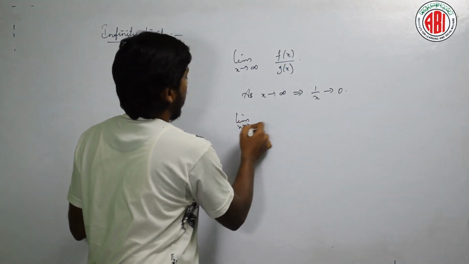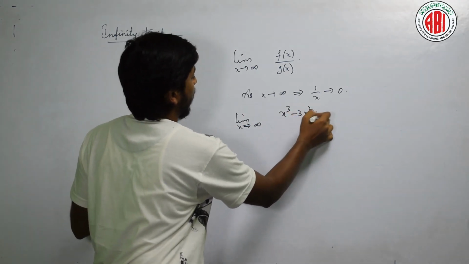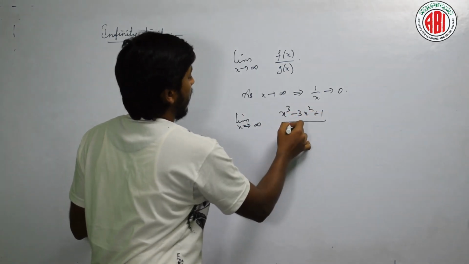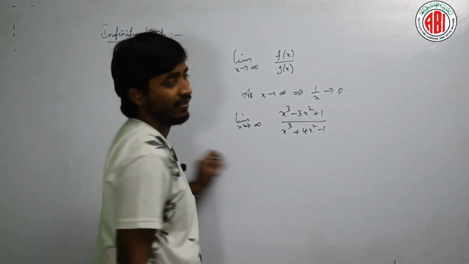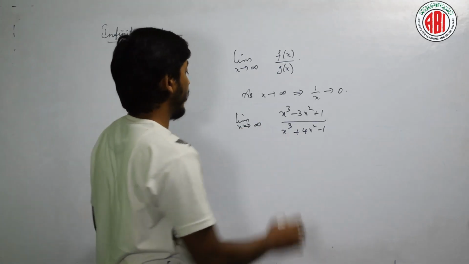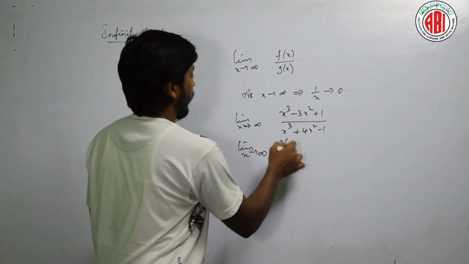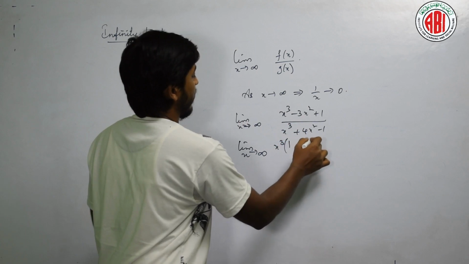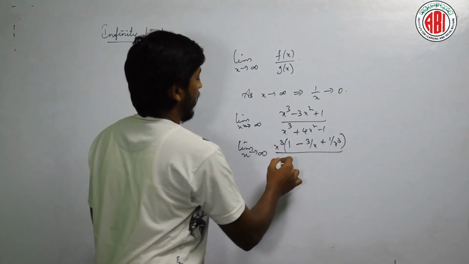The question is in the form of x cube minus 3x square plus 1 by x cube plus 4x square minus 4x minus 1, something like this. What is the highest power in the numerator? That is x cube, then I will get 1 minus 3 by x plus 1 by x cube, divided by x cube.